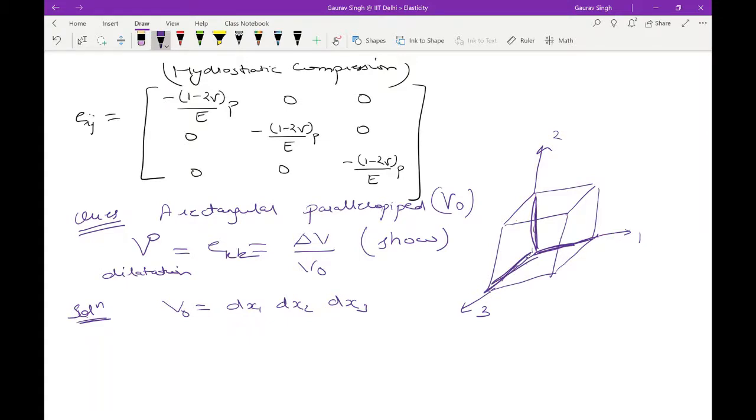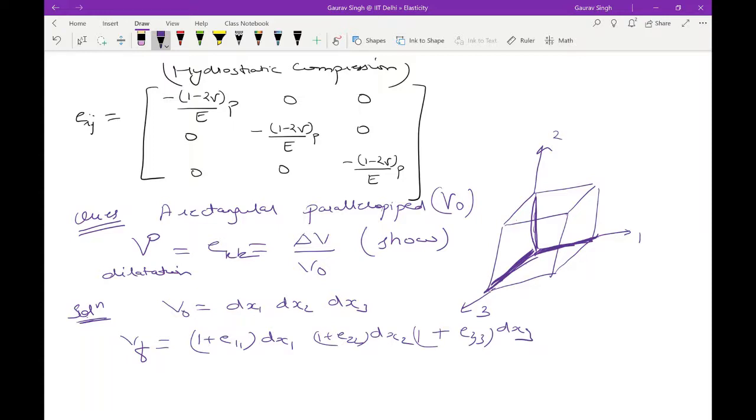So this is the original volume, and now we say that after deformation the new volume would be (1 plus e11) dx1, (1 plus e22) dx2. This has become (1 plus e11) dx1, and this has become (1 plus e22) dx2, and the third axis, this side, has become (1 plus e33) dx3.